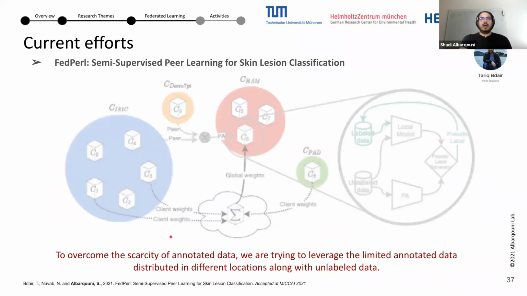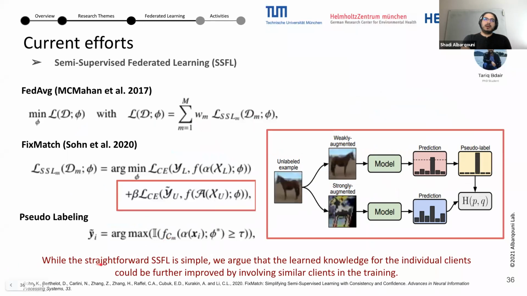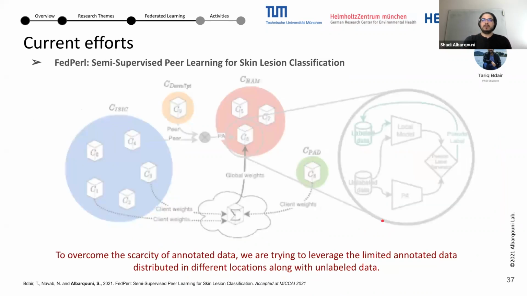Now, while this simple semi-supervised federated learning algorithm is quite simple, we argue that the learned knowledge for individual clients could be further improved by involving similar clients in the training. So we don't only depend on the model that has been trained in a supervised fashion, but maybe we could also leverage knowledge from other clients.